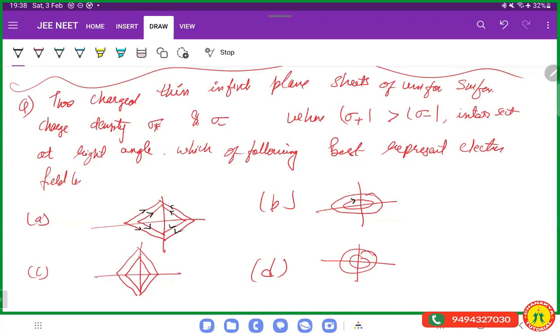Check the direction, okay? Give your answer with perfect reason. All x-axis are sigma plus. All y-axis are sigma minus.